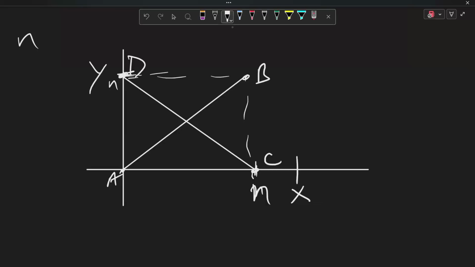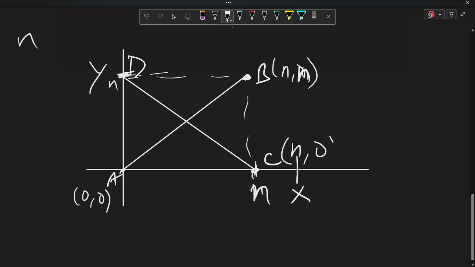Just print the coordinates. A would be 0, 0. B would be n comma n, sorry. This point would be n comma n. C would be n comma 0. D would be 0 comma n. So in our final answer, we would just print the coordinate of A: 0, 0. Then the coordinate of B is n n.